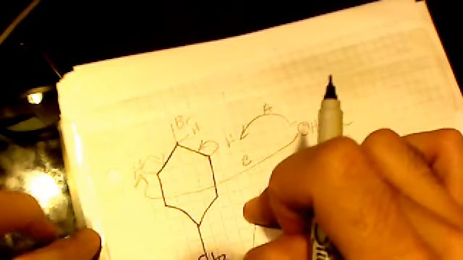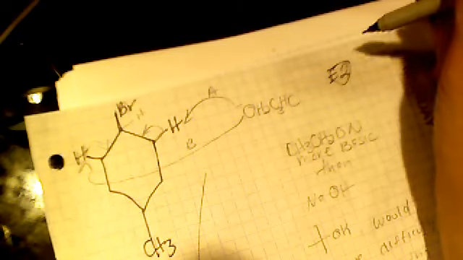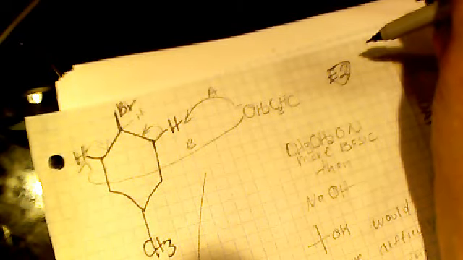It has to be either here or here, and this is symmetrical, so that's pretty easy. So if we put the bromine right up here, we have a hydrogen here and a hydrogen here. We're going to do an E2 elimination to make a double bond.